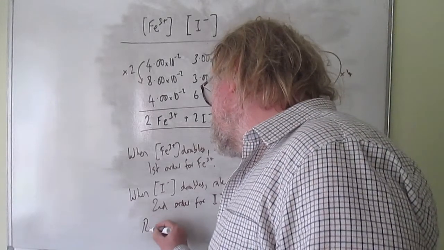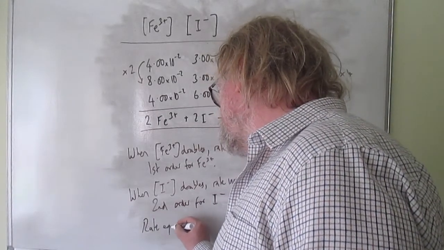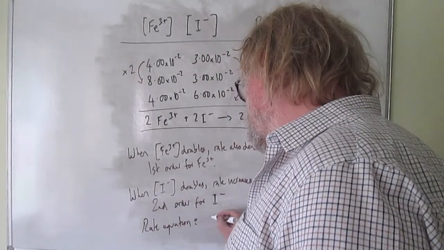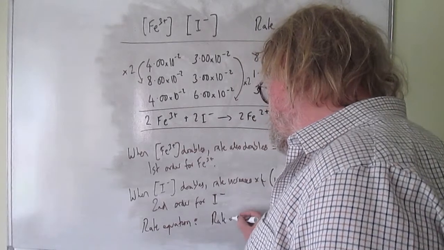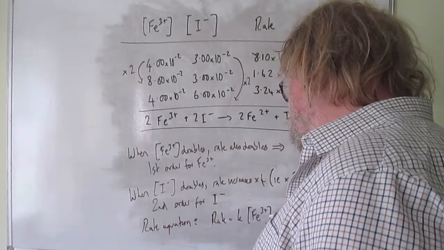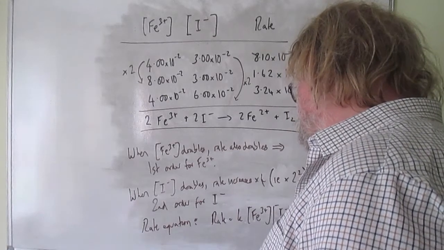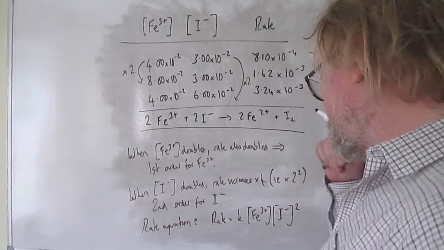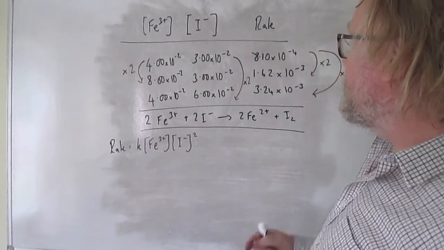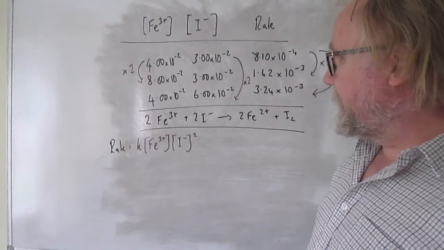And that means that the rate equation is that the rate is equal to k times [Fe3+] times [I-] squared. So now we have the rate equation, we can plug the numbers in to figure out the value of k.